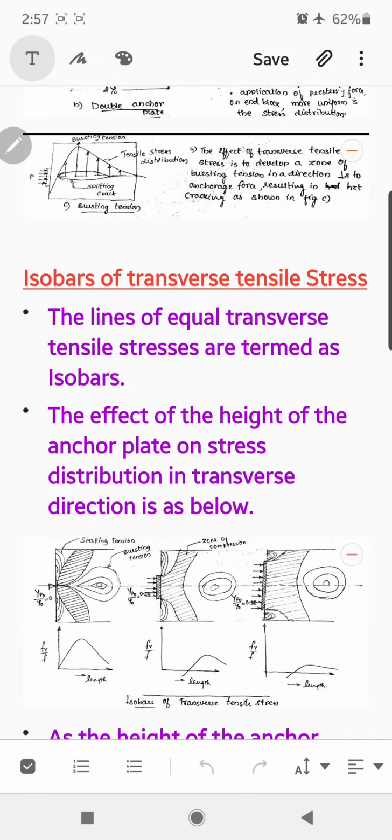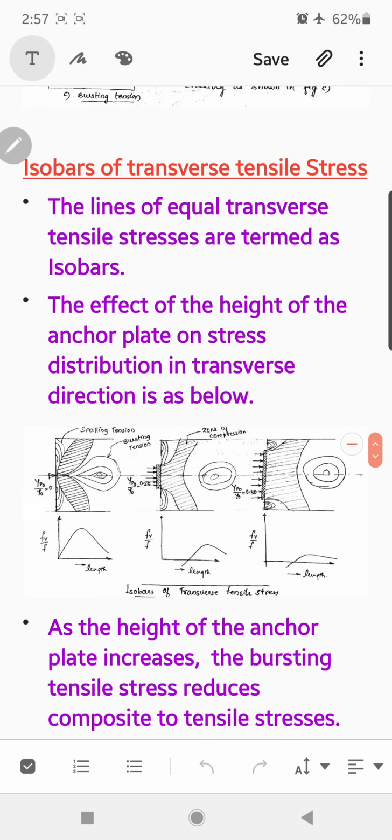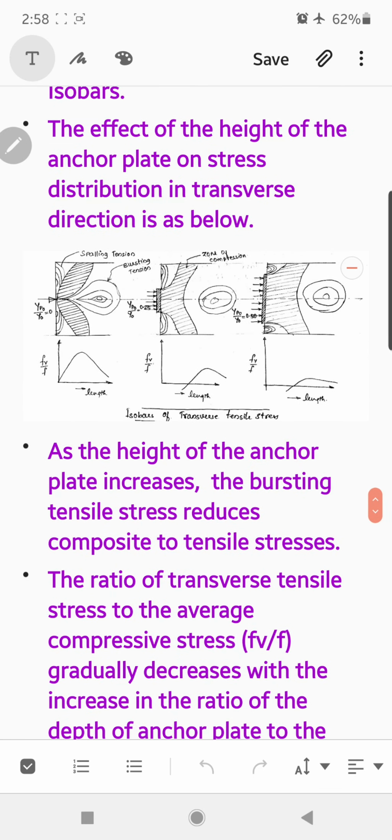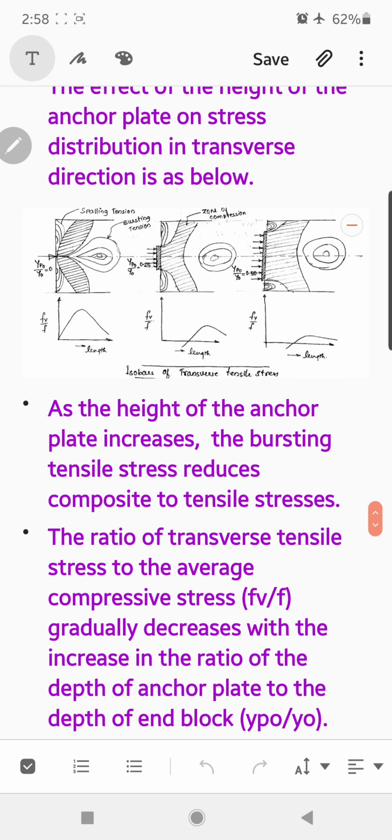So this is nothing but the isobars of transverse tensile stresses. As the height of the anchor plate increases, the bursting tensile stress reduces.